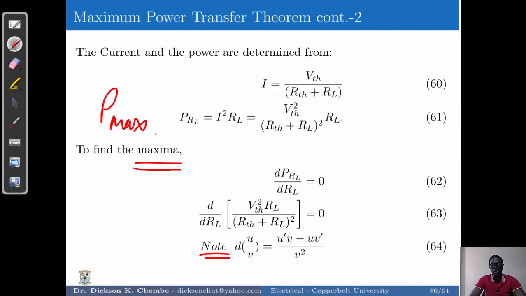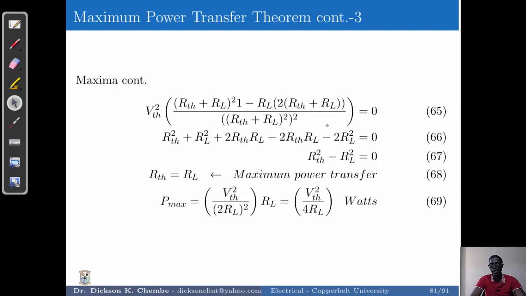When you do the manipulation of calculations here, you find that R Thevenin is equal to RL, and from there we determine the maximum power transfer.